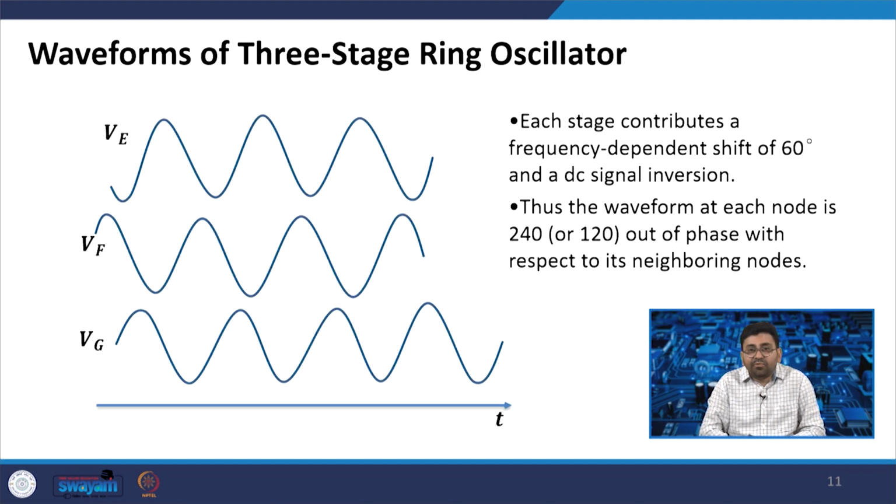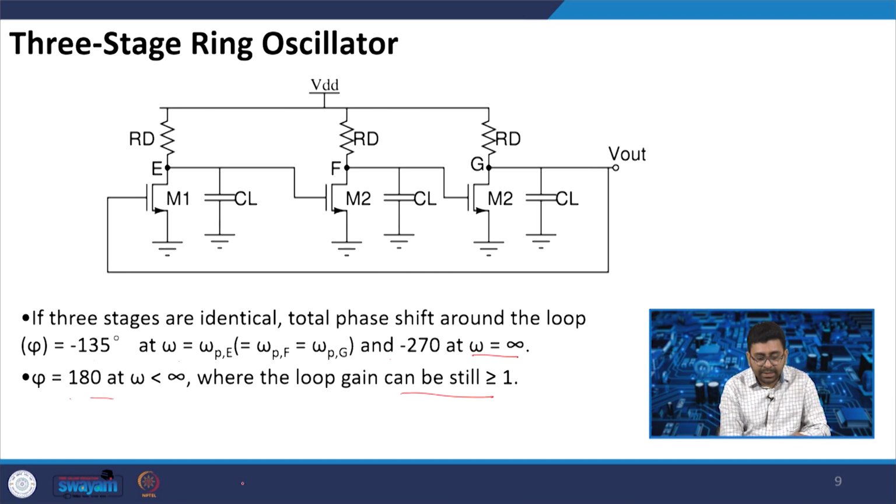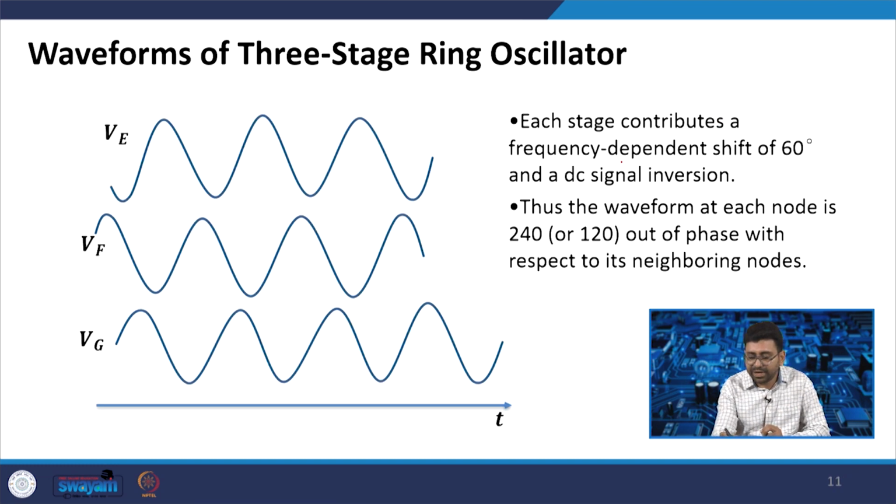So, this is the waveform of a 3 stage ring oscillator. Now, in each stage you can see VE, VF and VG. If you plot VE, VF or VG, each stage contributes a frequency dependent phase shift of 60 degrees and DC signal inversion.